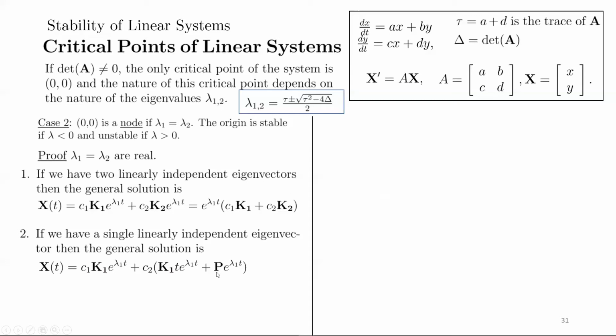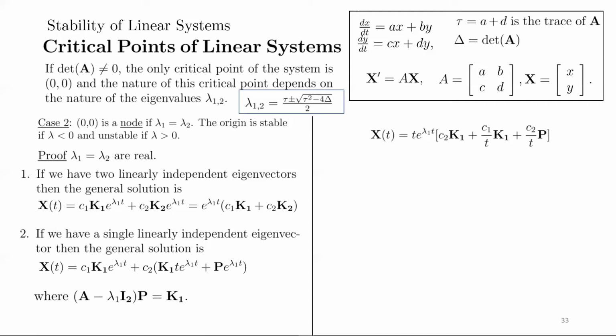But basically, if you recall, we had to solve the eigenvalue equation (A minus lambda I) times k1 equals the 0 vector, and that's how we got the first eigenvector. And then we had to solve, if we're calling it p, (A minus lambda I) times p equals k1. So if you don't remember this, go back to Unit 4 material and how we solve a system of equations where we have a repeated eigenvalue in the coefficient matrix A and only one linearly independent eigenvector. Okay, well I did write this down. Good.